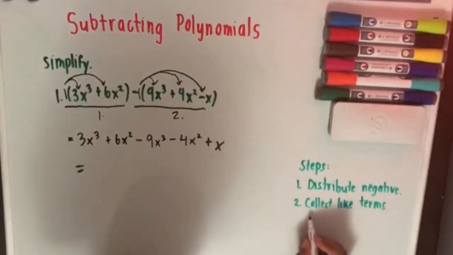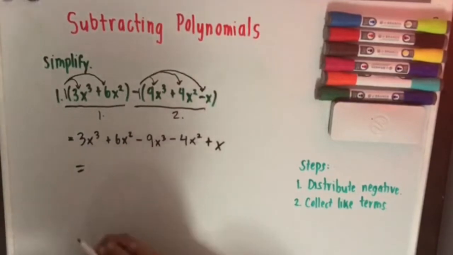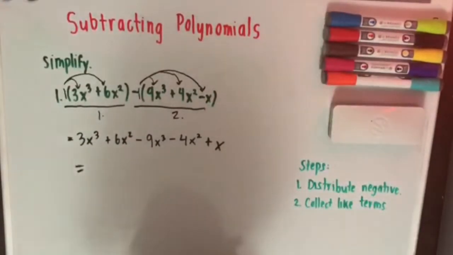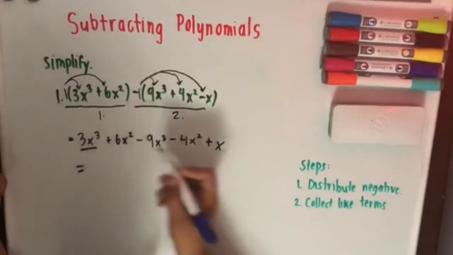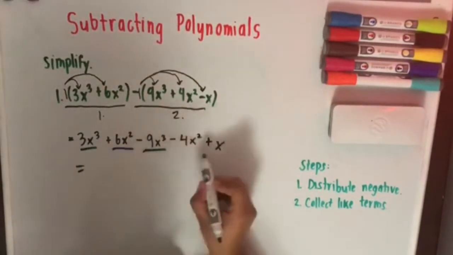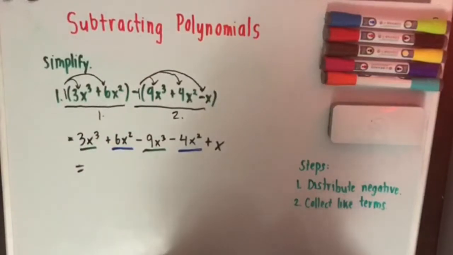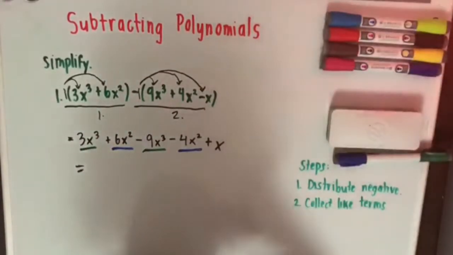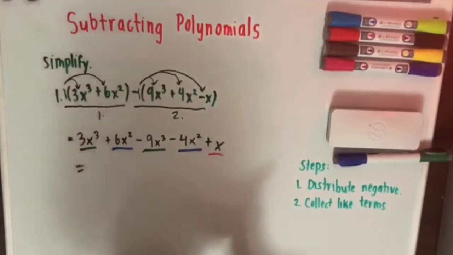So now we will be starting our second step, which is collecting our like terms. So here, we've done this already. I will highlight it for the first question, but the second question we should know by now, right? And then your x is by itself.